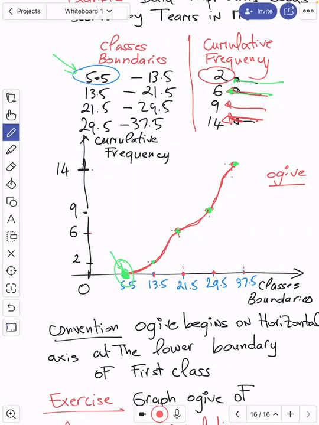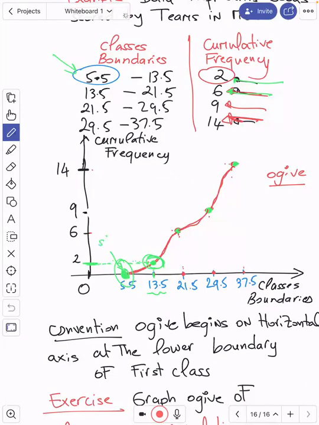Then you take the next boundary, which is 13.5. At 13.5, you plot the cumulative frequency of the first class, which is 2, right? That's why I got this point, because the height of this point is exactly the cumulative frequency of the first class.